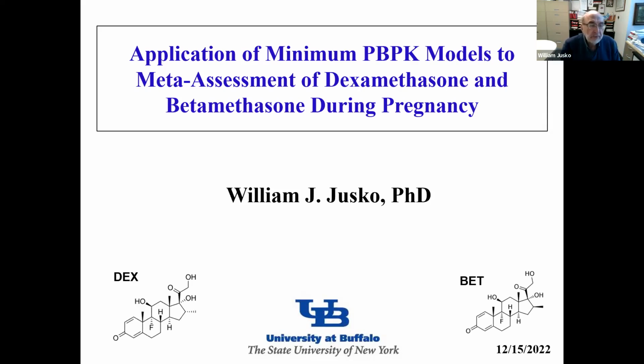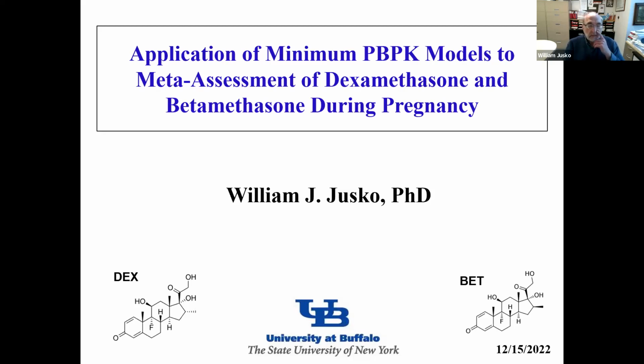Dexamethasone is a very frequently administered corticosteroid. It gained a lot of publicity during the ongoing COVID epidemic, in that it was the primary steroid used to suppress the cytokine storm that occurred in many patients. It's also a commonly used anti-inflammatory and immunosuppressive drug. Betamethasone is used much less.